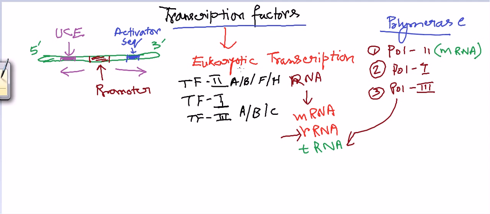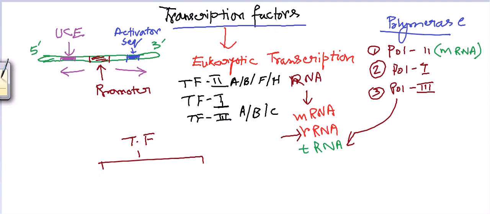Now let me talk about another differentiation of the transcription factor. The differentiation we just saw is based on the type of polymerase they work with, but it also depends upon the action and application of the transcription factor. We can also divide transcription factors into two different sections. So let me write it here. Transcription factors: we can divide them into two sections.